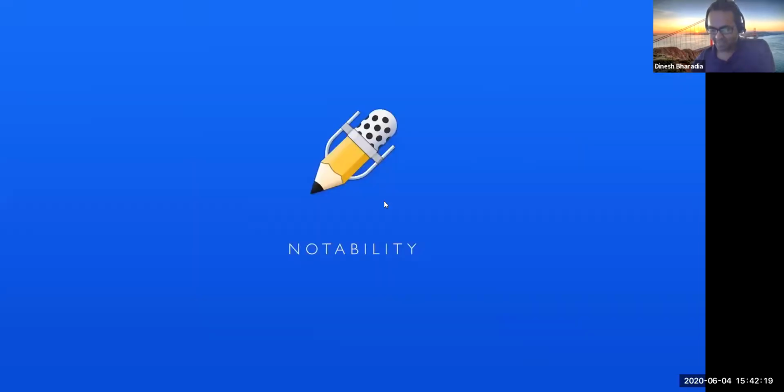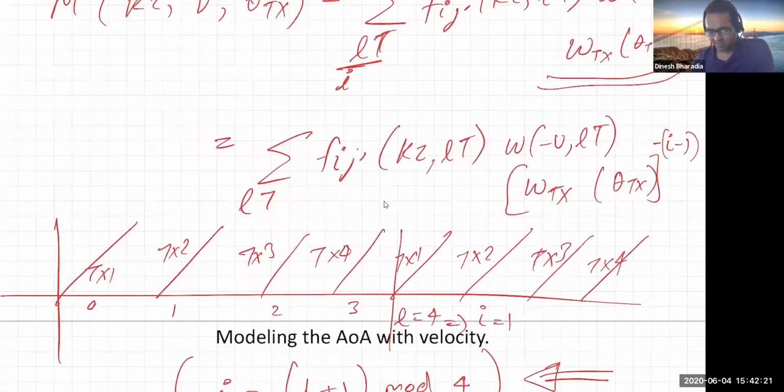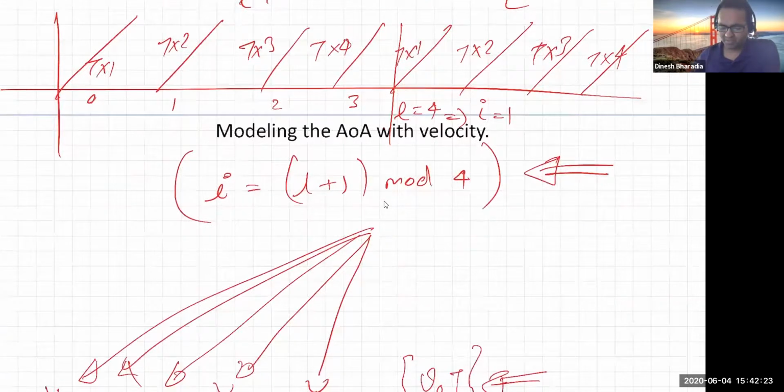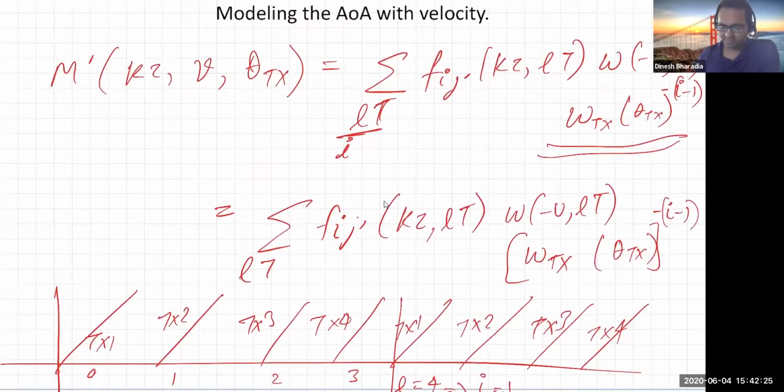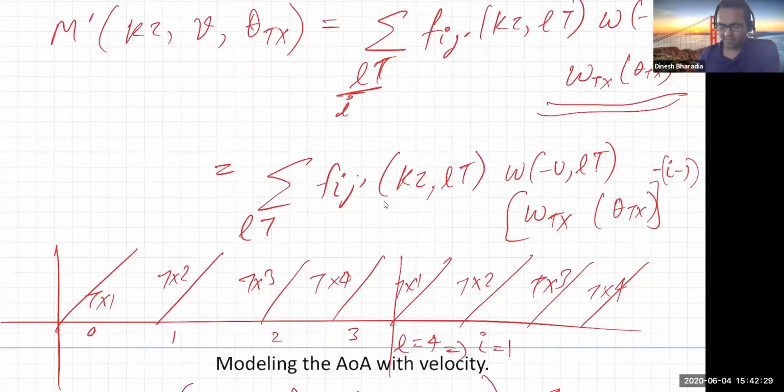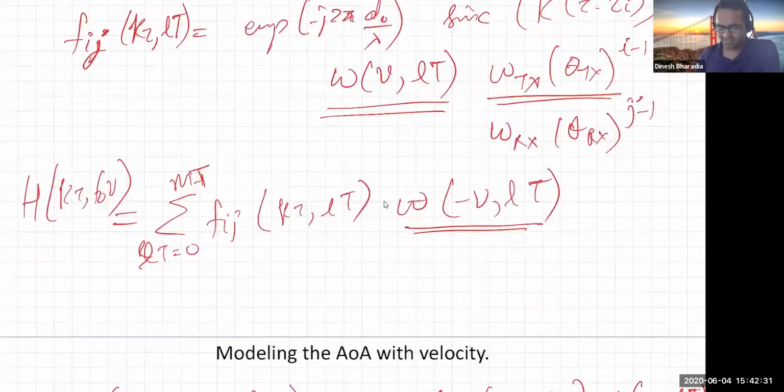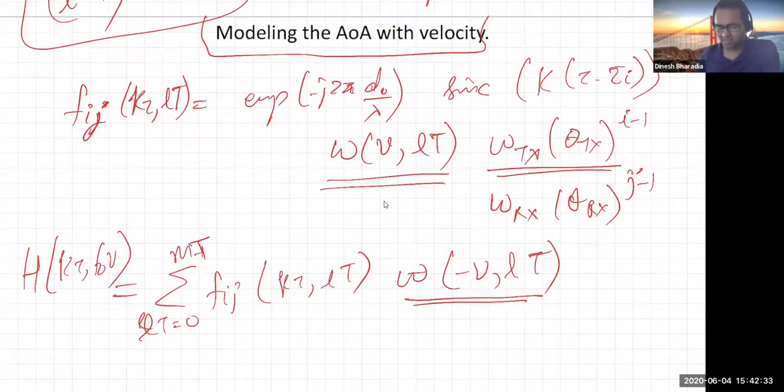Let me quickly pull up a few things which I want you to take away. The reason for pulling these up is so that you also remember it nicely.